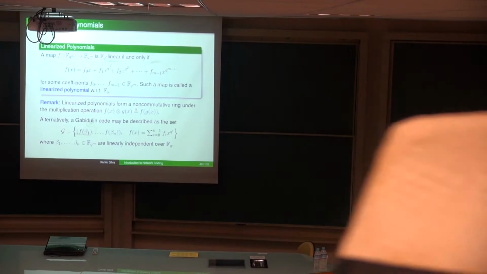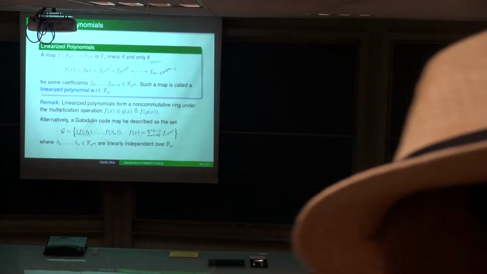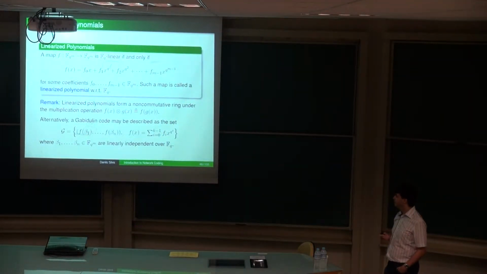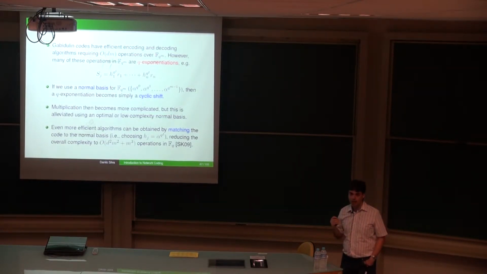And there is another possible construction for Gabidulin codes as the evaluation of the polynomial on n linearly independent elements. Interesting to observe. I won't discuss here encoding and decoding algorithms for Gabidulin codes.